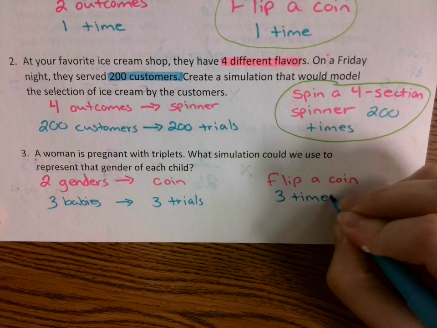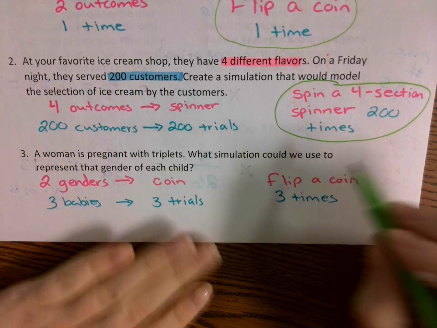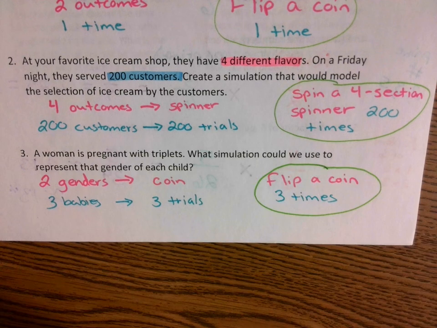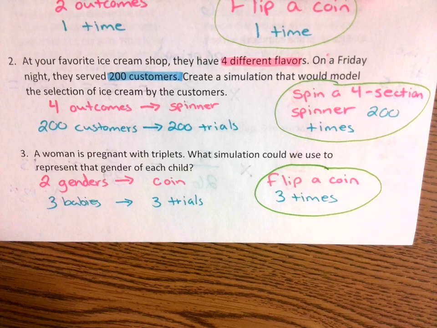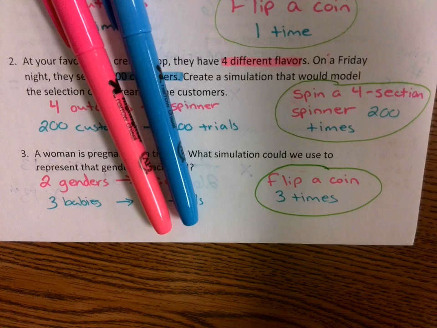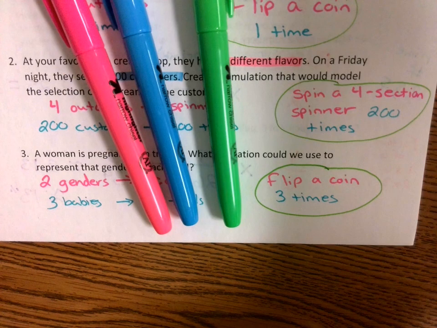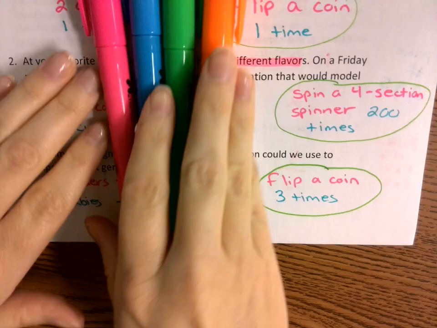Okay, these are some really basic, straightforward ones. On the next page, we've got 4 situations, 4 scenarios, and 4 simulations that you can choose from. You're going to match. So what I want you to do is take out a pink, a blue, a green, and an orange highlighter.